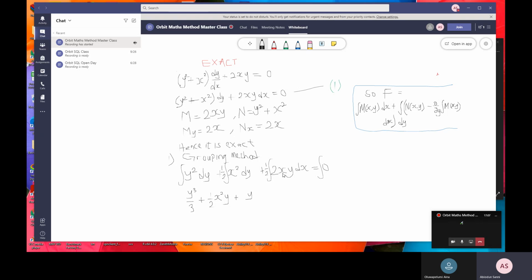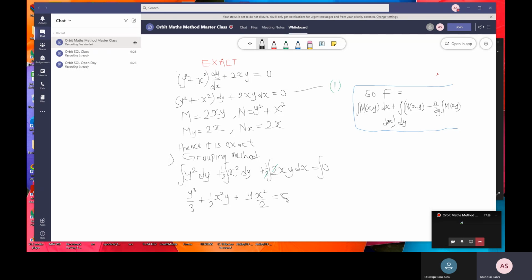So if I integrate x with respect to x, I will have x squared over 2. The integral of 0 is a constant, say c.